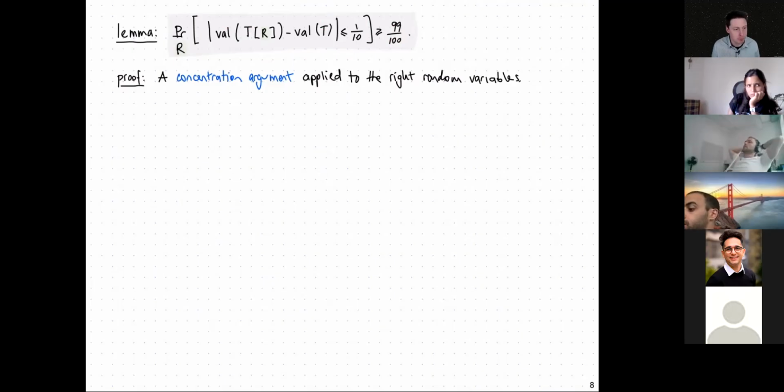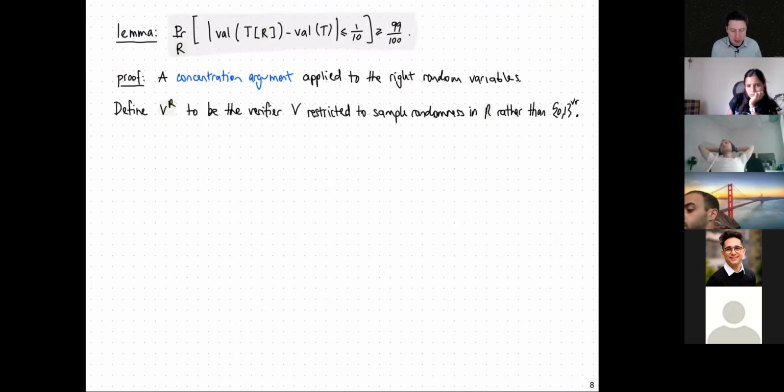Great. So if we need to apply a concentration argument to the right random variables, let's define the random variables. We define V_R to be the verifier that is restricted to sample randomness in R rather than the full space. This is the honest verifier, except that the randomness on its random tape is sampled at random from this R rather than from {0,1}^r, the full space of randomnesses.